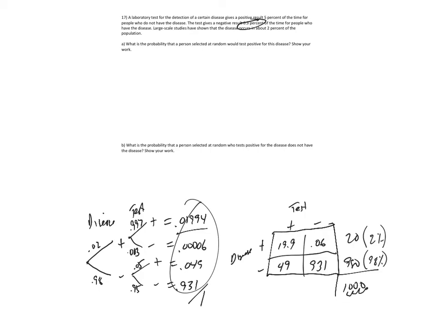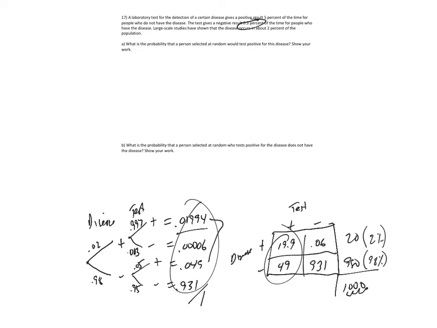So when you look at the first question here, what is the probability that a person selected at random would test positive for the disease? Well, the people who test positive are these two groups here.